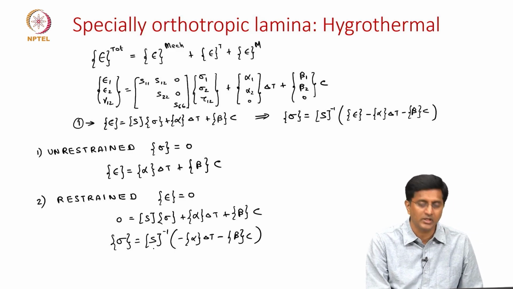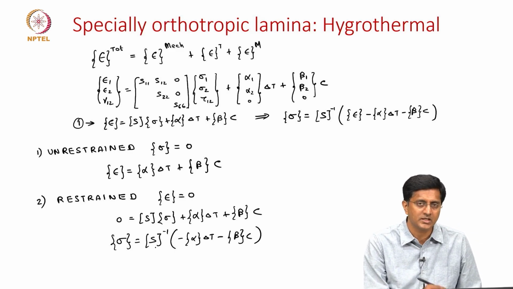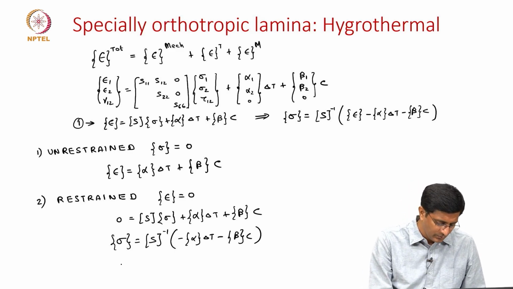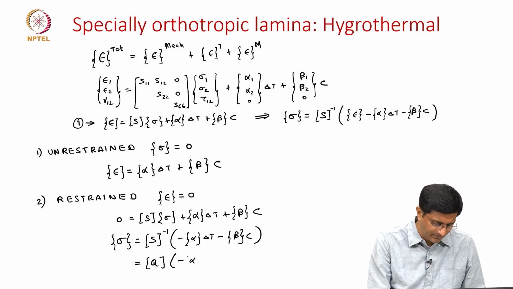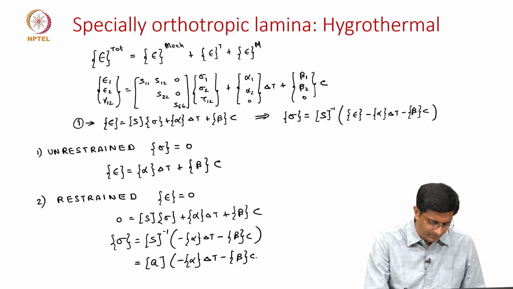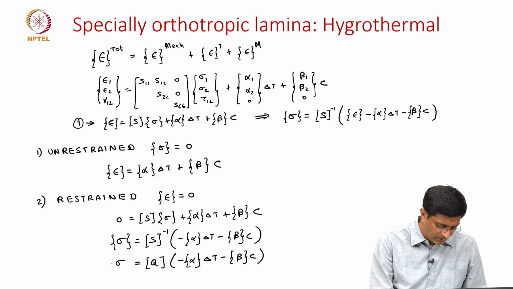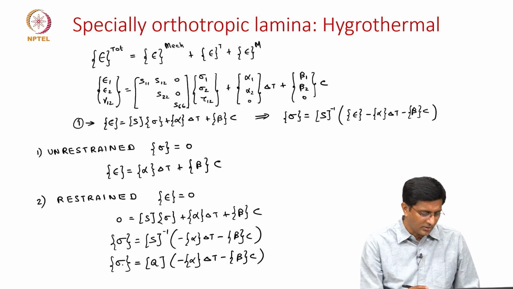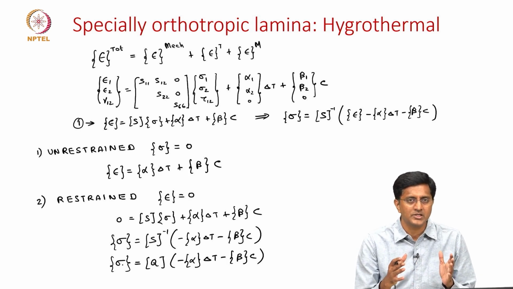But we know that the inverse of the compliance matrix is the stiffness matrix Q. So we can rewrite this as Q times, again, minus alpha delta T minus beta C, which gives the stresses which occur because of the constraint we have applied.